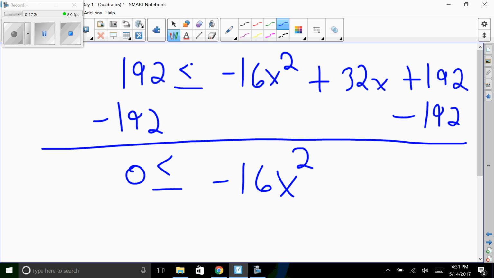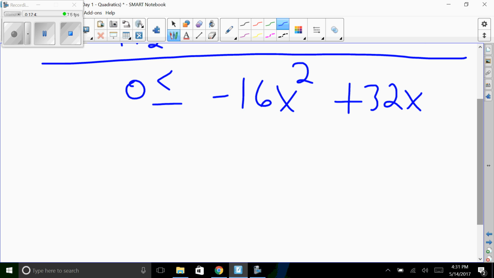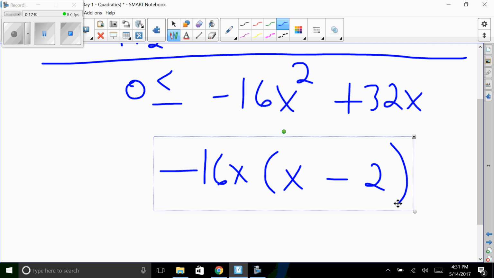All right. So this isn't a trinomial. This is a binomial, and it looks like we can factor this using the GCF. So I'm going to take a negative 16 out, and they both have an x term, so I'm going to take out an x. And that would leave me with x minus 2 on the inside.